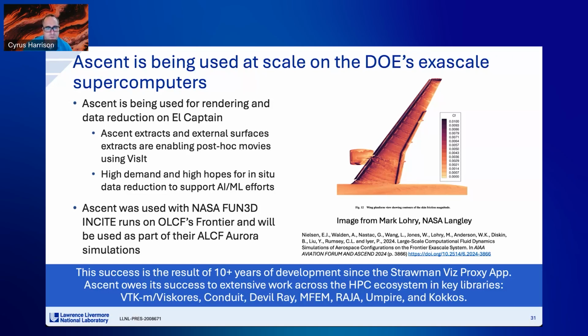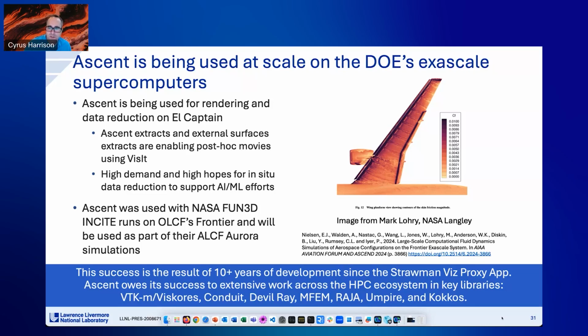Another really great image that we see here is from Mark Lohry at NASA Langley and his team, who were doing some really exciting runs on Frontier for some aerospace work. And there's a link to the paper. It's really cool stuff. He was working with us and we were helping him debug different issues. And I want to say, Ascent itself and where it is now on these computers is the result of a lot of work.